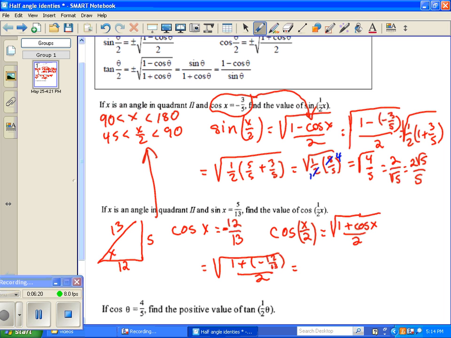Okay, so I just want to simplify this. I'm going to put the over 2 again on the side as 1/2. 1 minus 12 over 13. So let's change this to 13 over 13 minus 12 over 13.